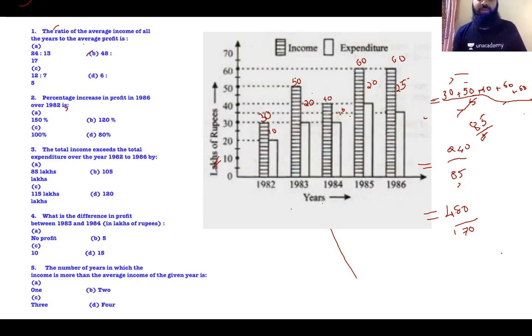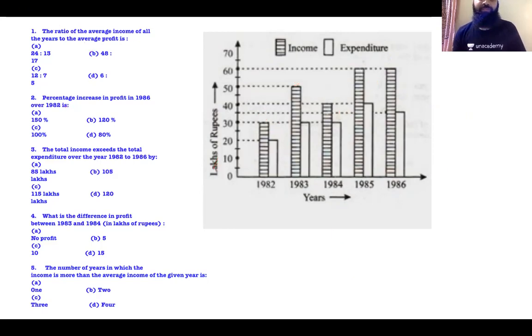Percentage of increase in profit from 82 over 86. 86, it is 25. How I got this 25? Let's have a look at it.